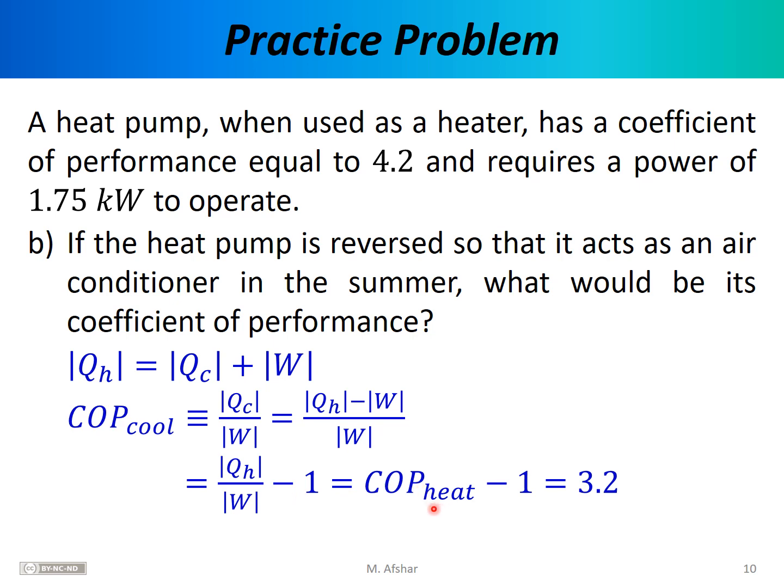When we're operating the heat pump in heating mode, the thing we want to maximize is QH, the amount of heat that is transferred into the hot reservoir. So COP in cooling mode basically becomes COP in heating mode minus 1. We know COP in heating mode is 4.2, so COP in cooling mode will have to be 3.2.